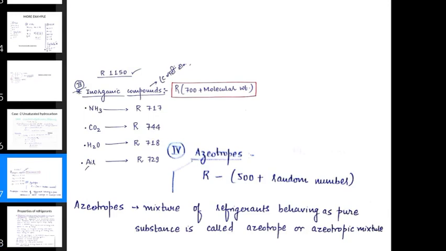So if the chemical formula of the refrigerant is CmHnFpClq, then such refrigerants are designated as unsaturated hydrocarbon.